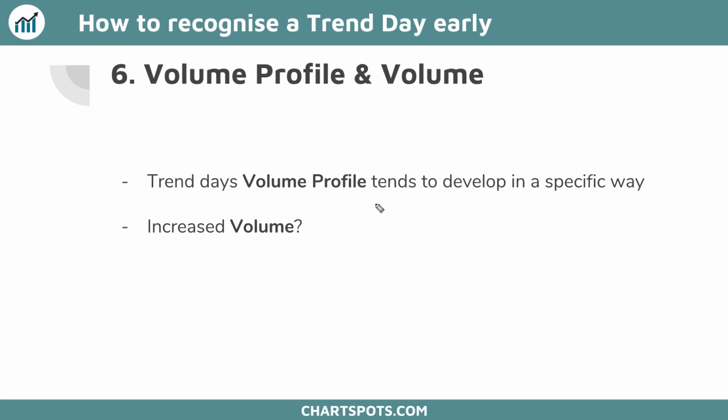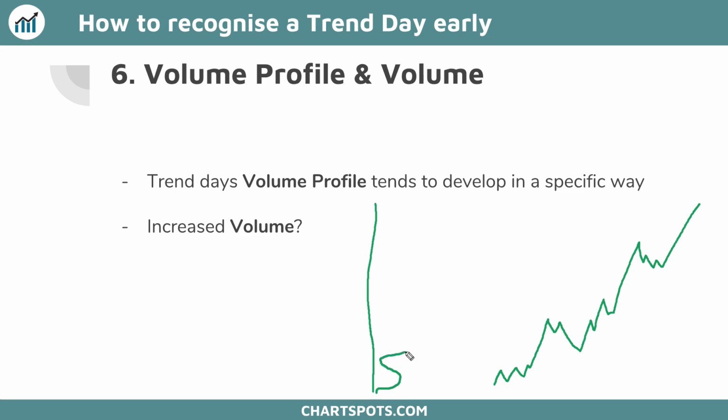What tends to happen on a trend day is as price starts moving in a trend, what you get is a profile that keeps adding new distributions, and basically in a trend day the point of control, which is the most traded price, will keep moving upwards, and it typically will not retrace the prior small distribution.